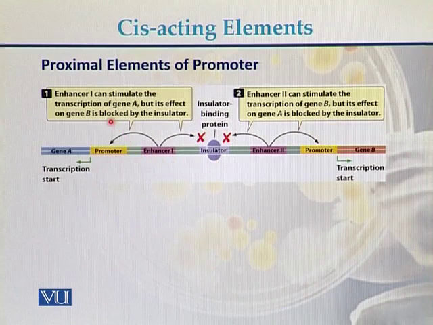Enhancer 1 can stimulate the transcription of gene A, while enhancer 2 stimulates the transcription of gene B. But there is an insulator between enhancer 1 and enhancer 2.